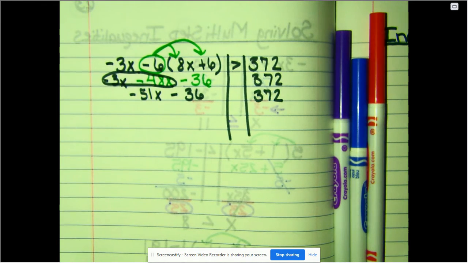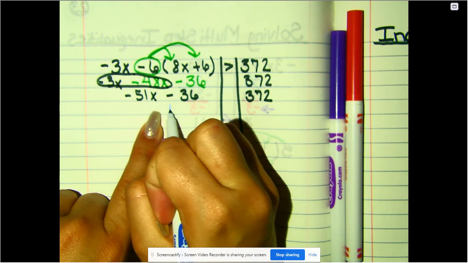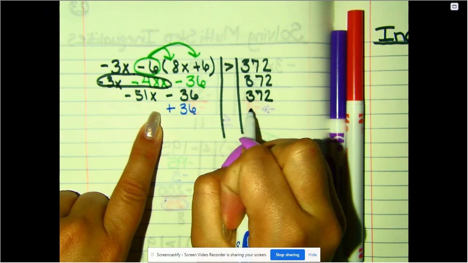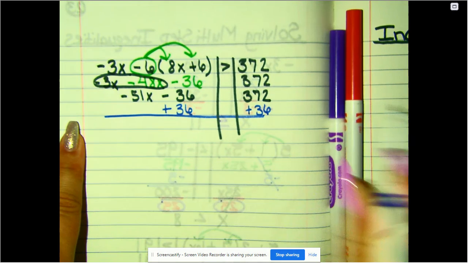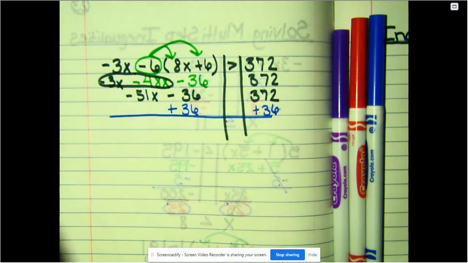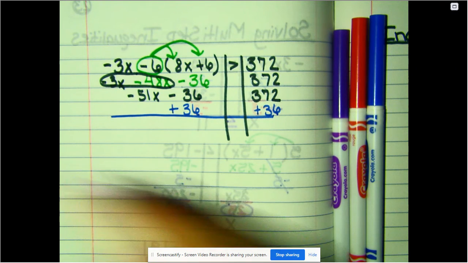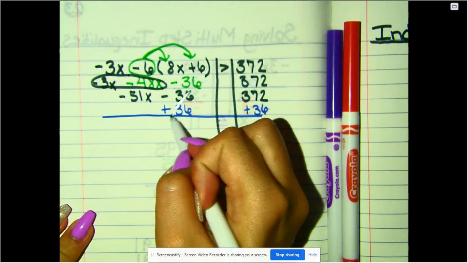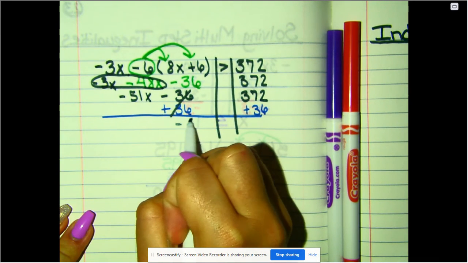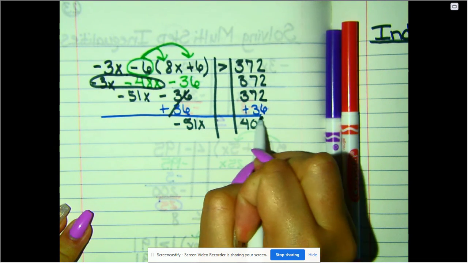Okay, so let's start doing our inverse operations. The opposite of a negative 36 is positive 36. So then we have negative 51x, and 372 plus 36 becomes 408. These cancel. So we have negative 51x, and then we have 408 on this side.